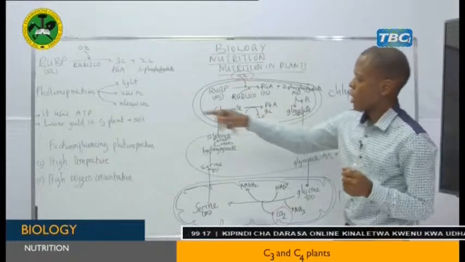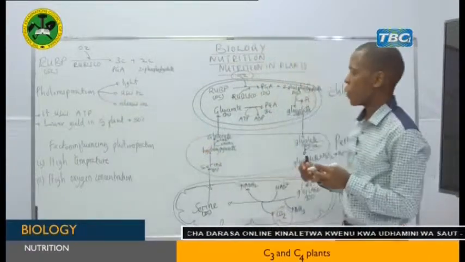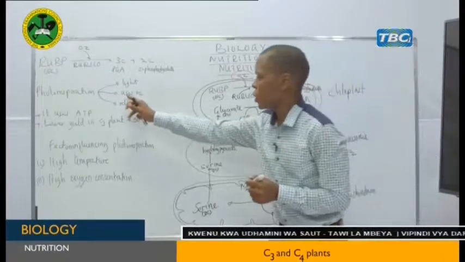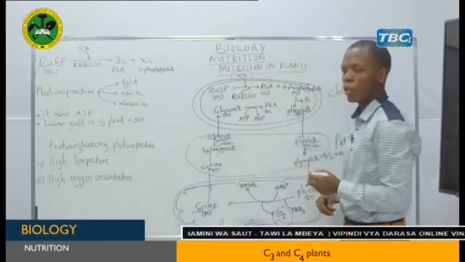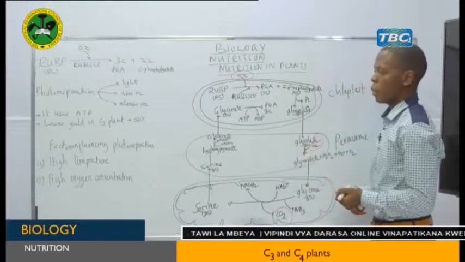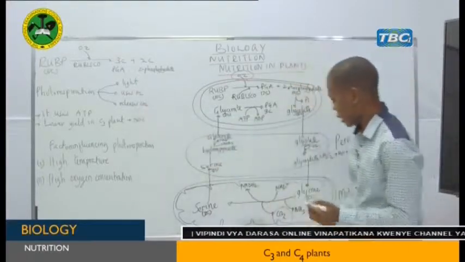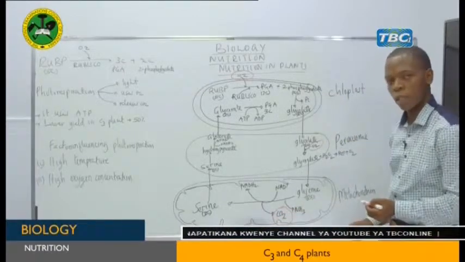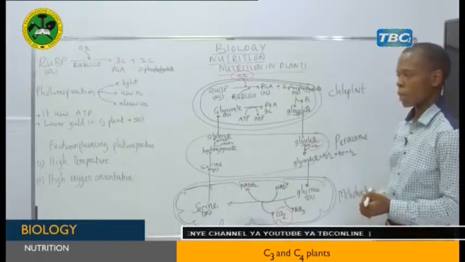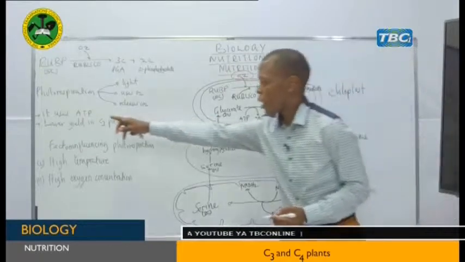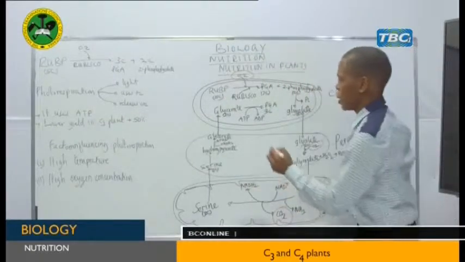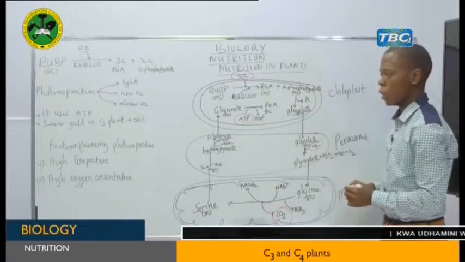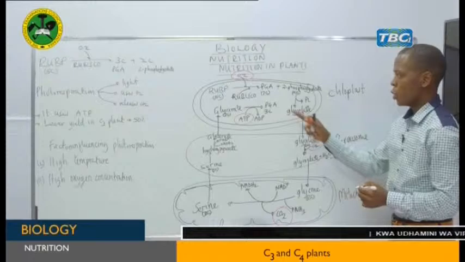As I said, the process occurs in the presence of light, that is photorespiration. It uses oxygen, but also the process releases carbon dioxide. One carbon is lost from glycine to form carbon dioxide. The process uses ATP. You see here, ATP is also used during this process of photorespiration.